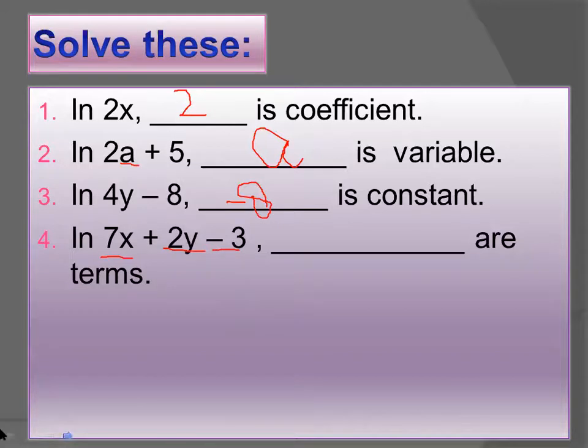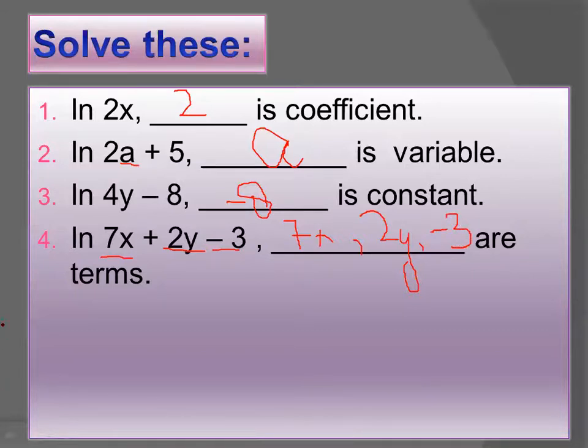The way you are going to follow is, first you will write 7x, then separated by a comma, you will write 2y, then again separated by a comma, and at the end you will write minus 3.